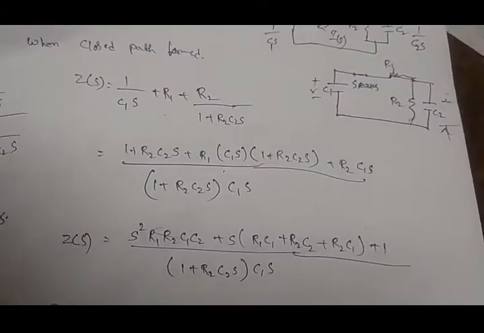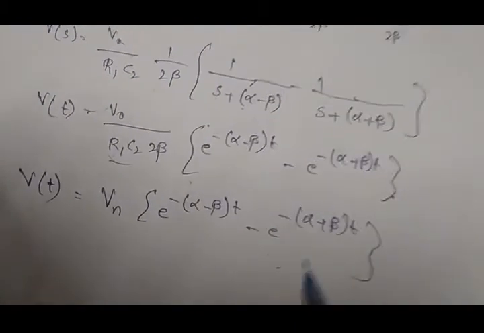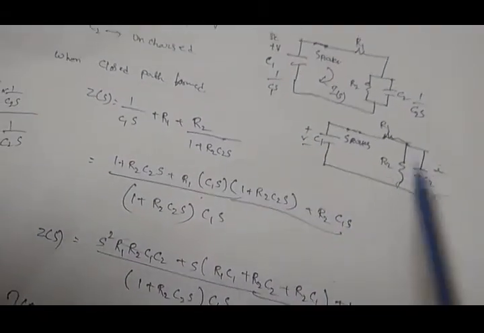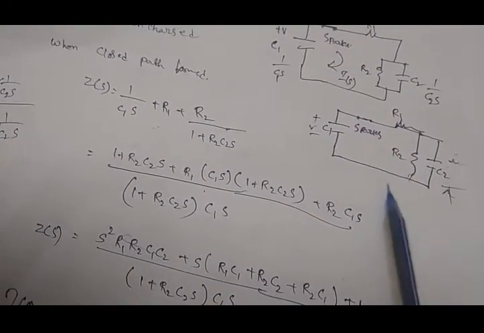This is only the analysis part, showing how we retrieve the magnitude expression of your impulse waveform. This is for circuit A. Please remember, this is your RC circuit.